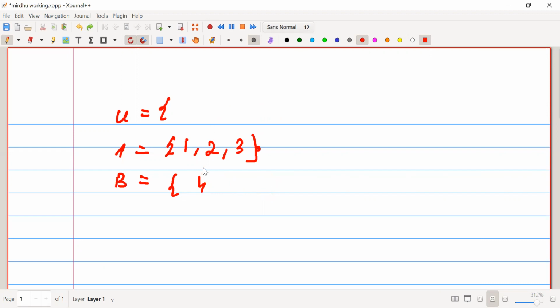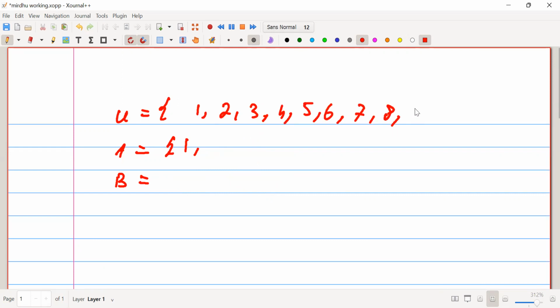We can take some more different examples too, so that we can have intersection, we can have union. Let the universal set be the natural numbers less than or equal to 10: 1, 2, 3, 4, 5, 6, 7, 8, 9, 10.